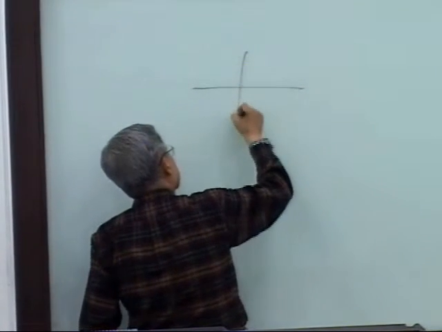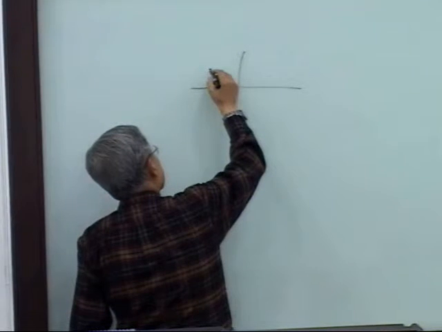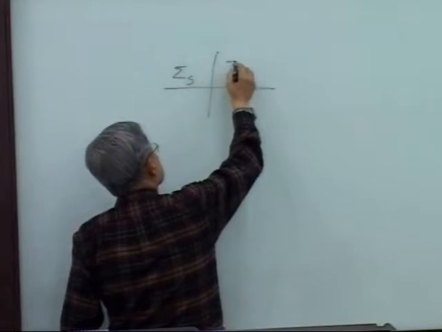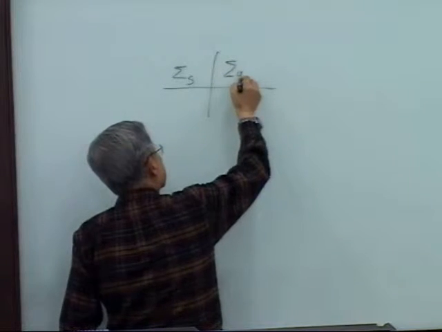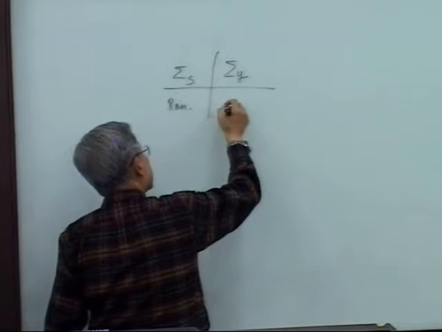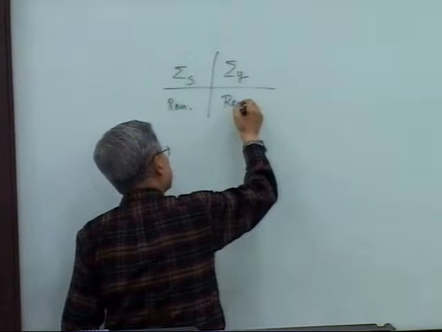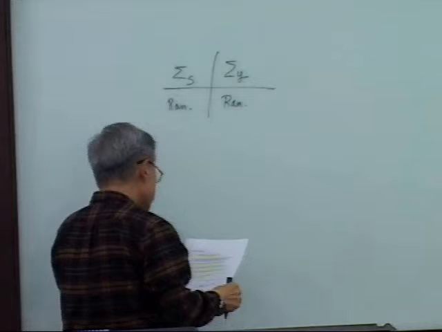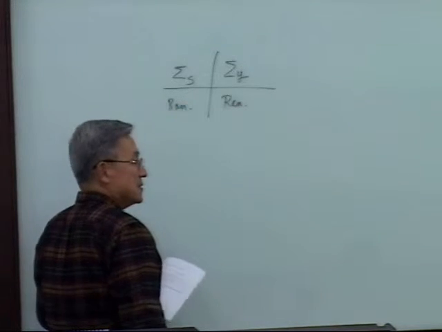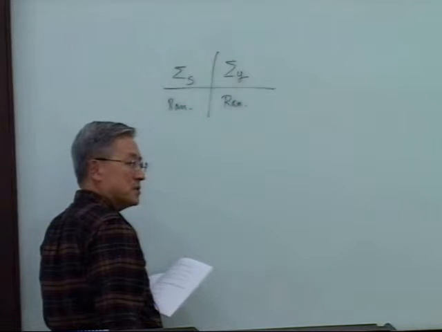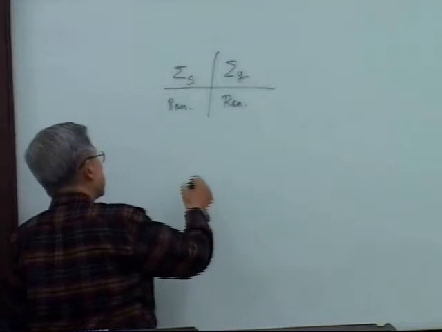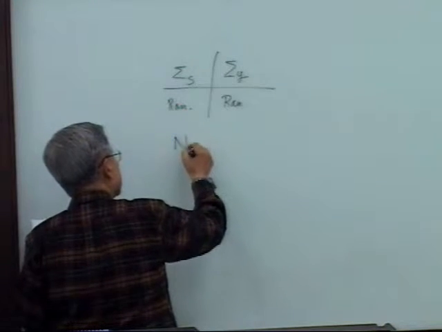Maybe a couple of hours of lecture. Sigma S, sigma Y, both random. This is a random signal. Both are random. The case I'm going to do here is, of course, an easy one in the class to really show the concept. And normal.